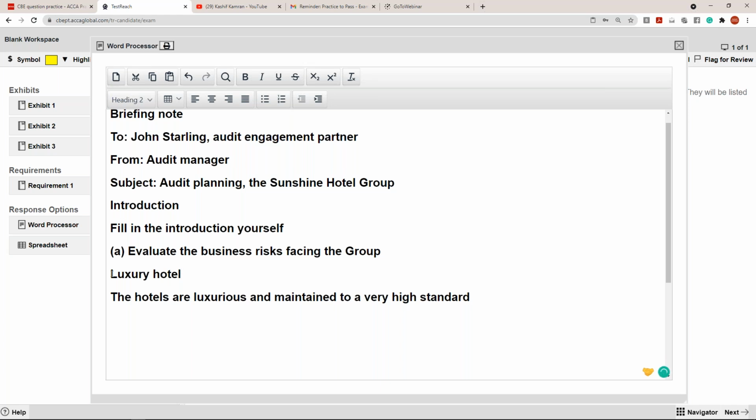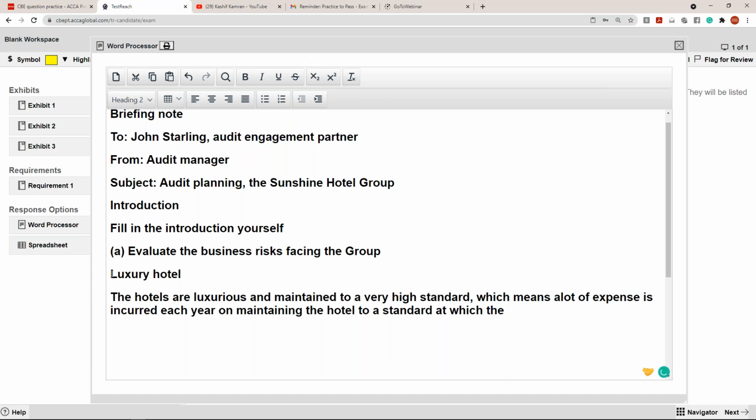The hotels are luxurious and maintained to a very high standard, which means a lot of expense is incurred each year on maintaining the hotels to a standard at which the Sunshine Hotel can enjoy the market leader position.